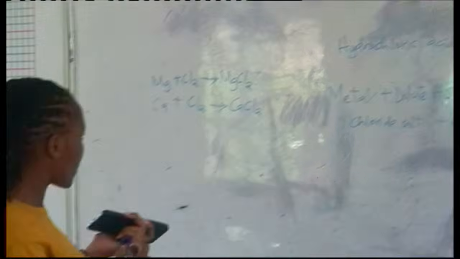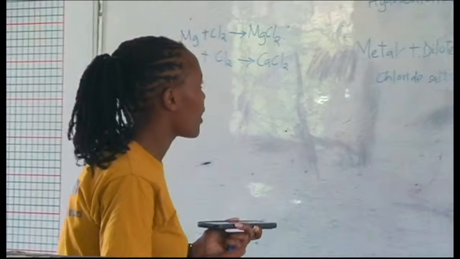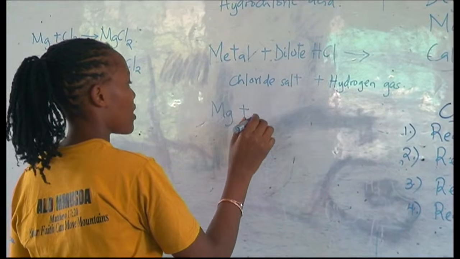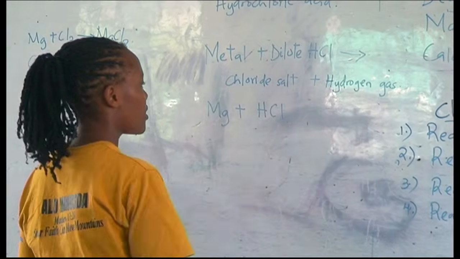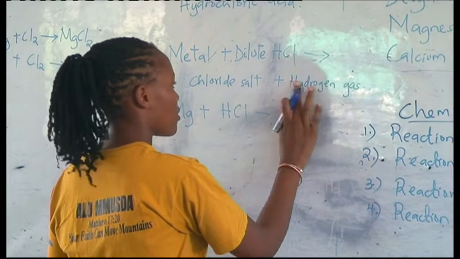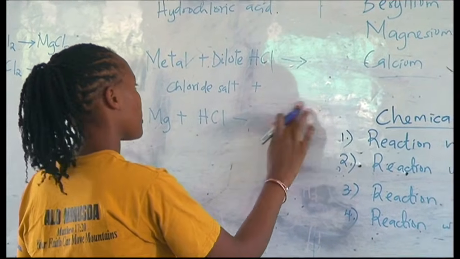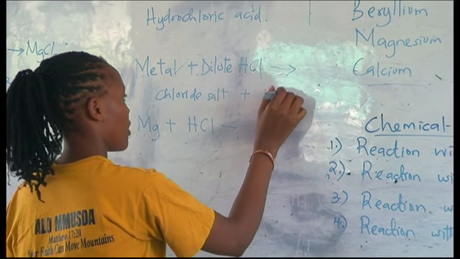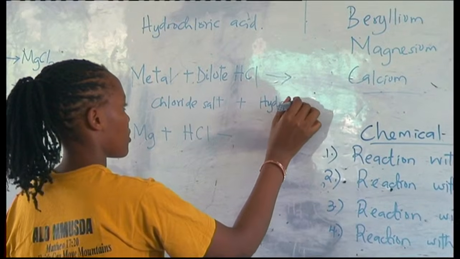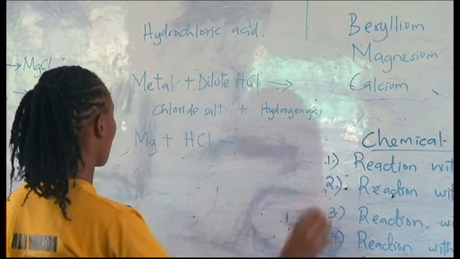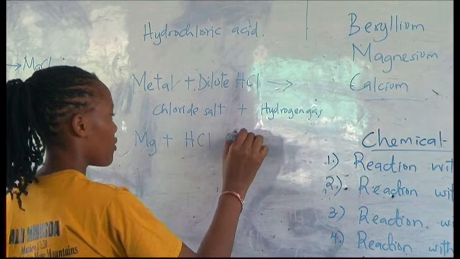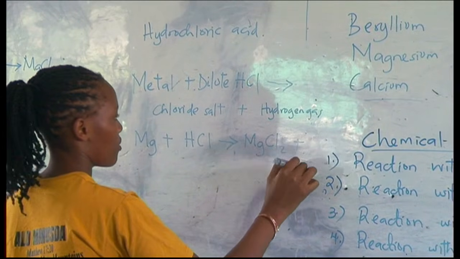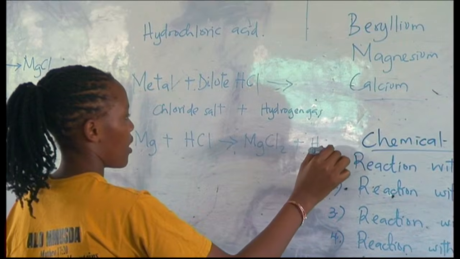So magnesium will react with hydrochloric acid to form a salt, magnesium chloride, plus hydrogen gas.